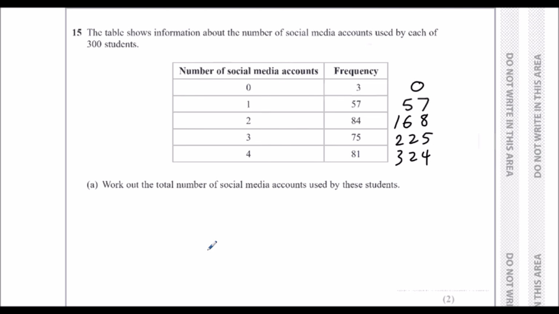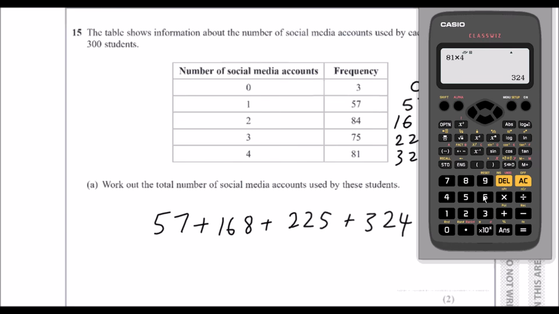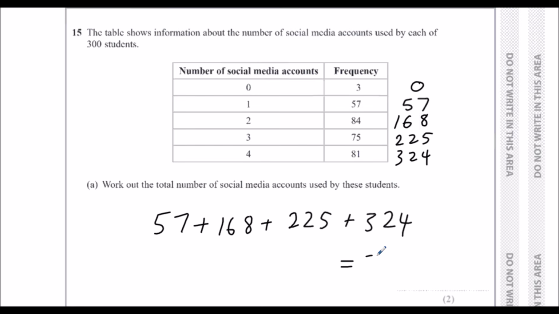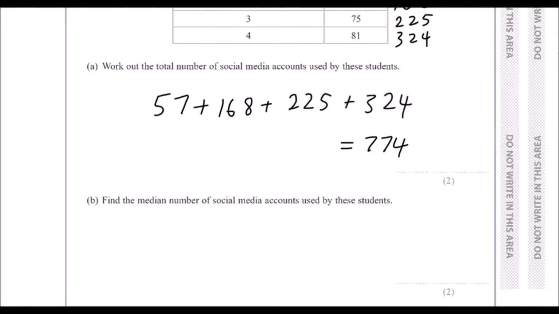So what's the total? 57, 168, 225, and 324 all added together makes 774. So 774 accounts in total.